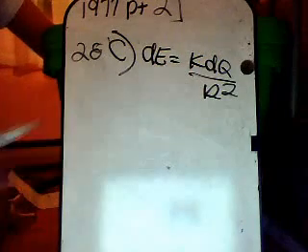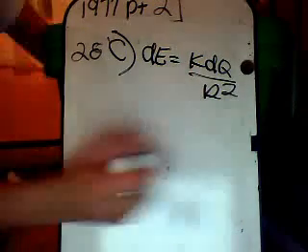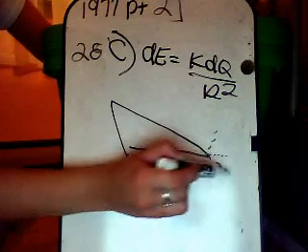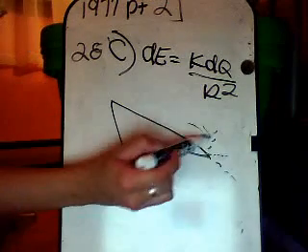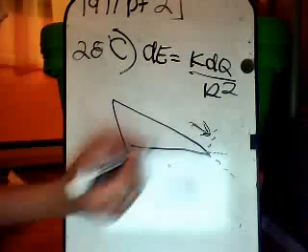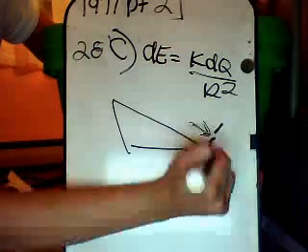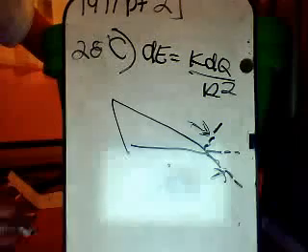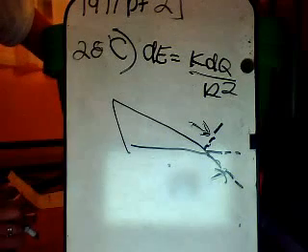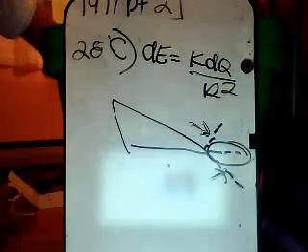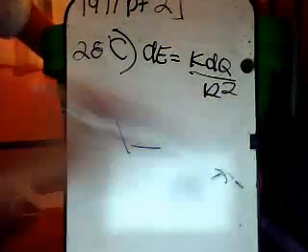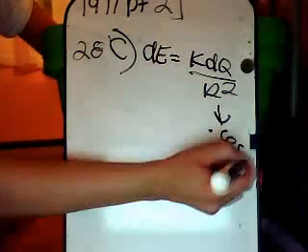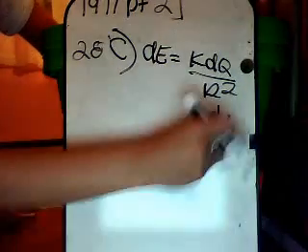And now because you only care about the horizontal force, in this diagram you have forces going like that, and these forces oppose each other, so they cancel each other out. So all you care about is the horizontal force, so you use the cosine of the angle, so you do this times cosine angle.